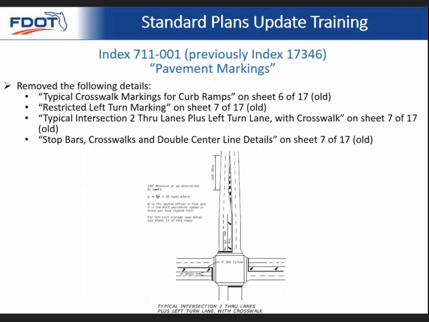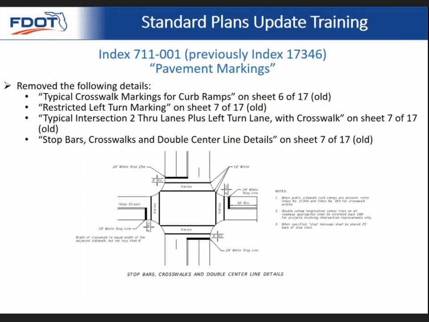That has been moved as well. The stop bars, crosswalks, and double center line details on the old sheet 7 of 17 have been consolidated. Now this is more or less a duplication of what was shown previously, so it has been removed.